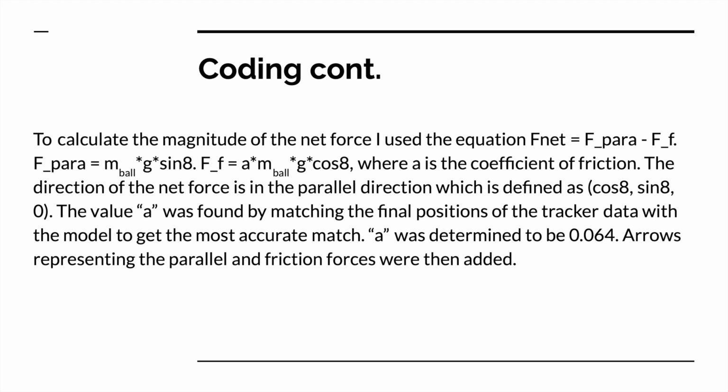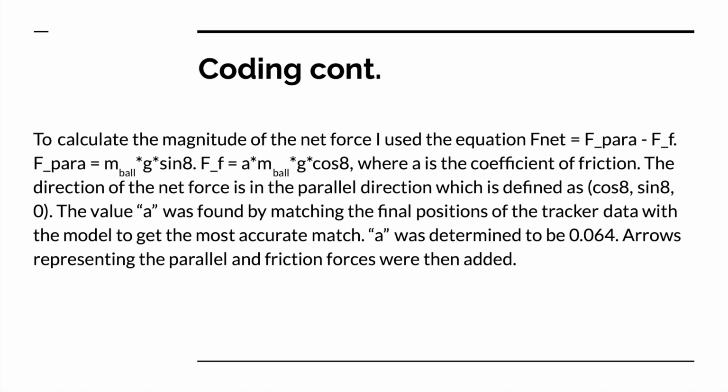So to calculate the magnitude of the net force, I use the equation Fnet equals Fnet parallel minus the force of friction. So Fnet parallel equals the mass of the ball times g times sine 8 degrees, and the force of friction is equal to a times the mass of the ball times g times cosine of 8 degrees, where a is the coefficient of friction.